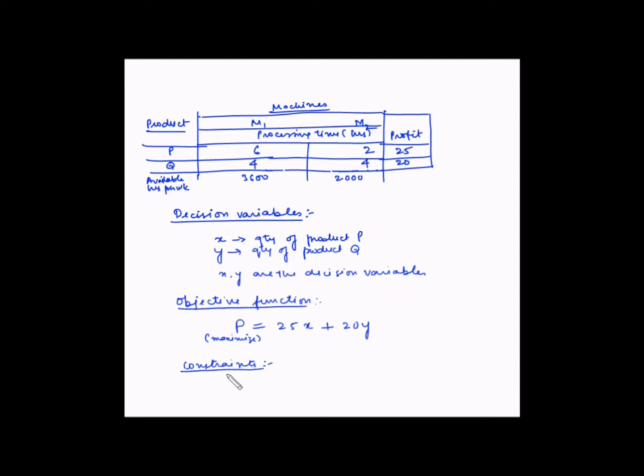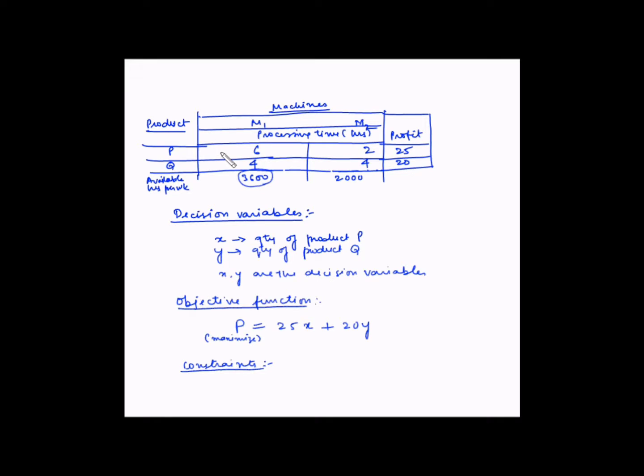So the first constraint that has been given to us is the available hours per week for machine M1, which is 3600 hours. So it has been given to us that machine M1 at the max can be used for 3600 hours. So what that means is that the total number of hours used by product P and by product Q on machine M1 should be less than or equal to 3600 hours.